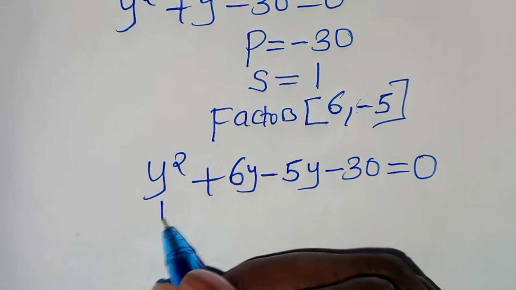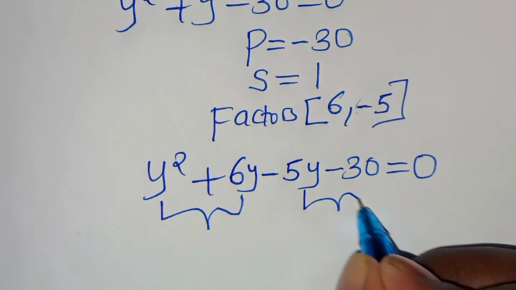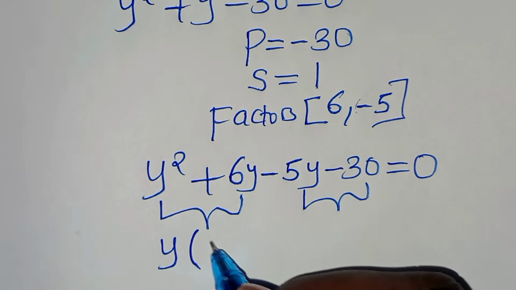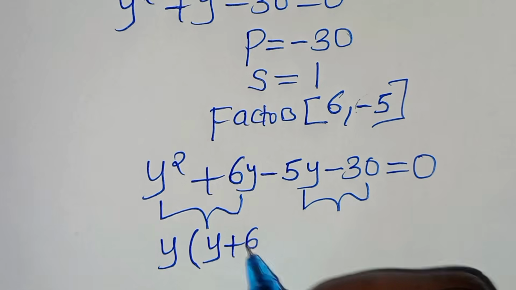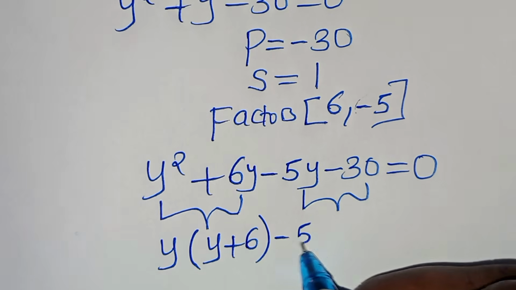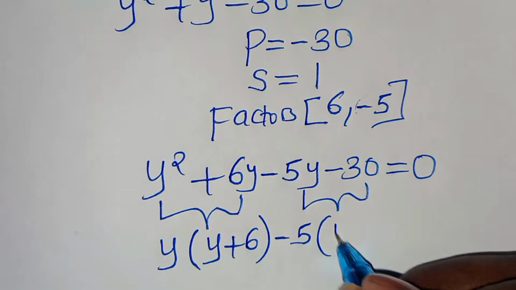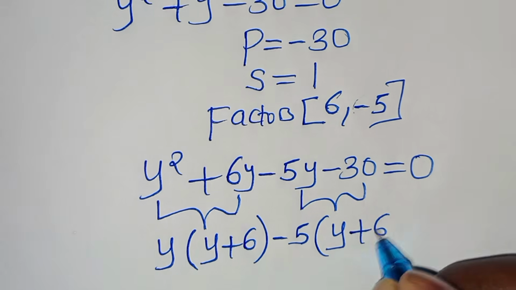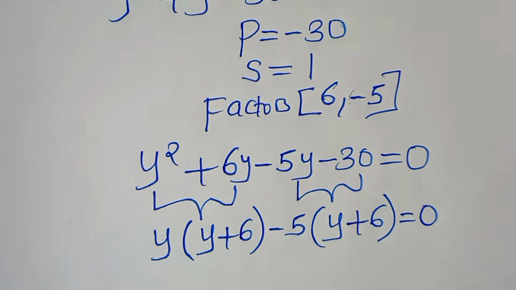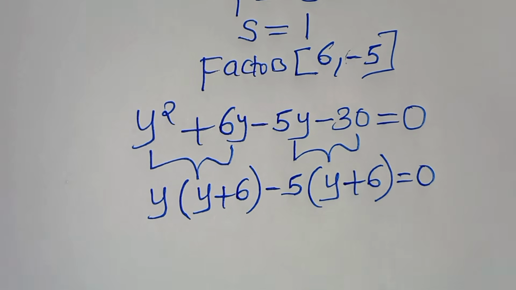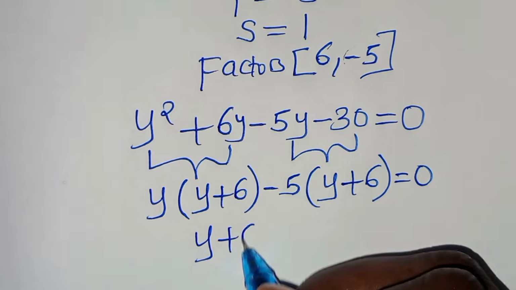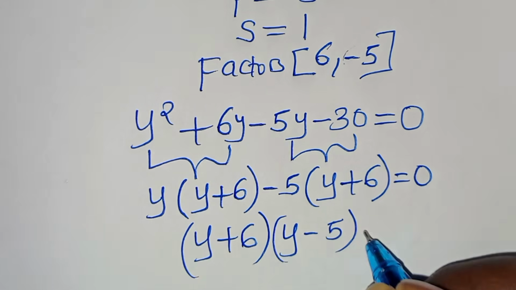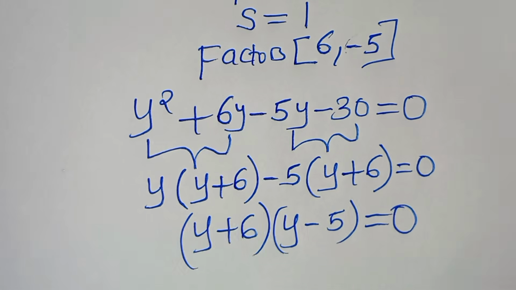We have got two parts here. From the first part, y is common. We factor out y so that we have y plus 6, then minus 5 in the parentheses. This is y minus 30 divided by minus 5, which is plus 6, and this is equal to 0. So we have y plus 6 times y minus 5 equal to 0.